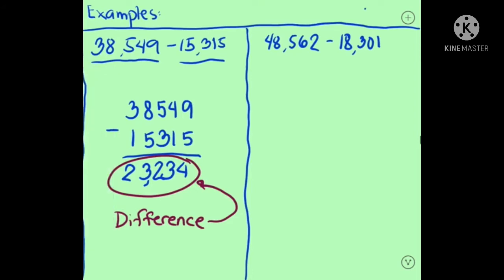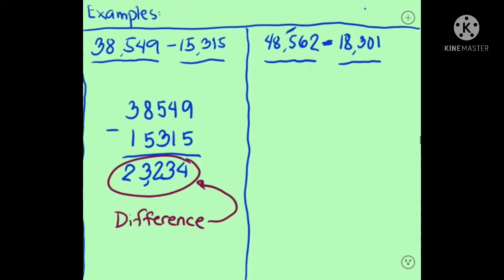Again, we need to line up first. Okay? But before that one, let us read first the problem. We have here 48,562. What is the symbol? The symbol is minus 18,301. Okay? And now let us put them in our solution process. Okay, I will write first this.